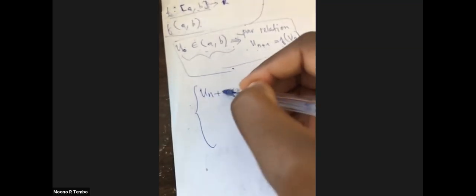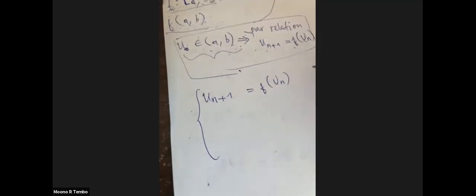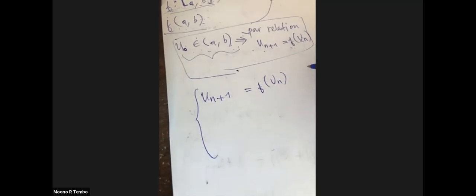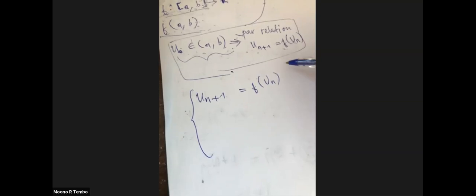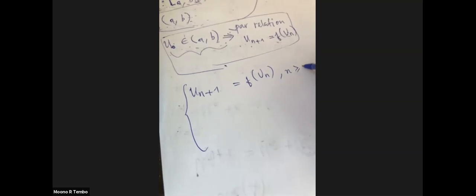And you can write this in a different way. This whole part here can be written as: u n plus 1 is going to be equal to your f in function of your suite u n, where n is greater than or equal to 0, like that.